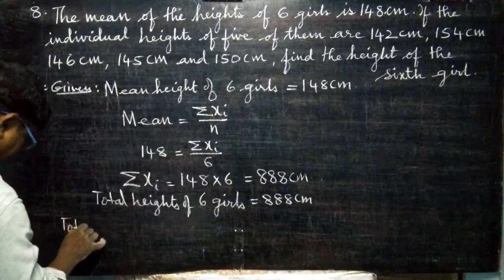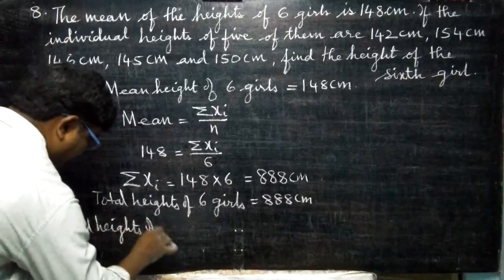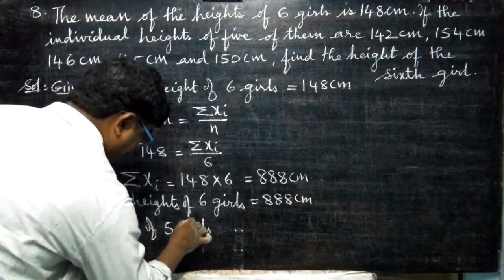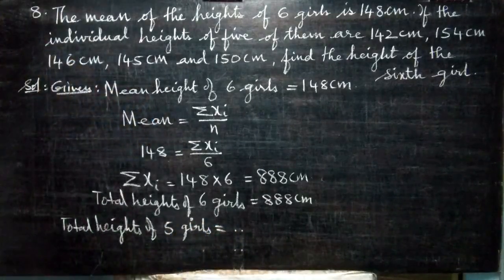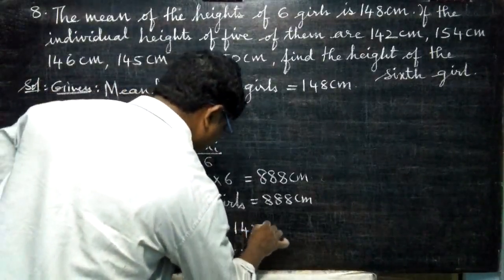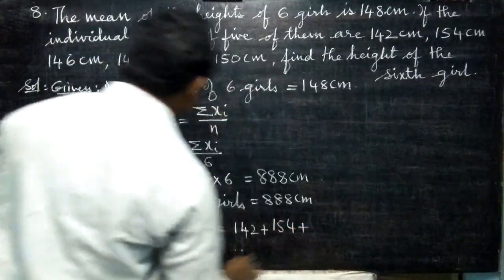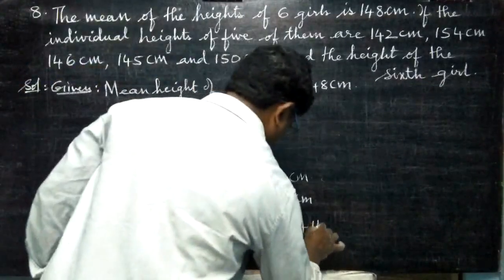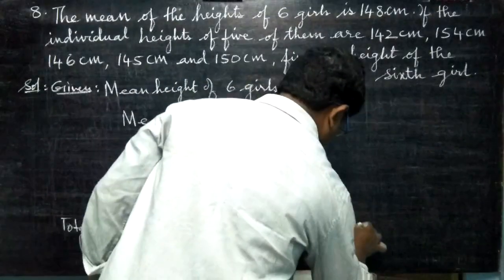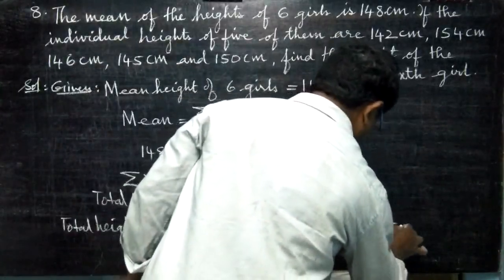Now we will add total heights of 5 girls. How much? First one 142 plus 154 plus 146 plus 145 plus 150.